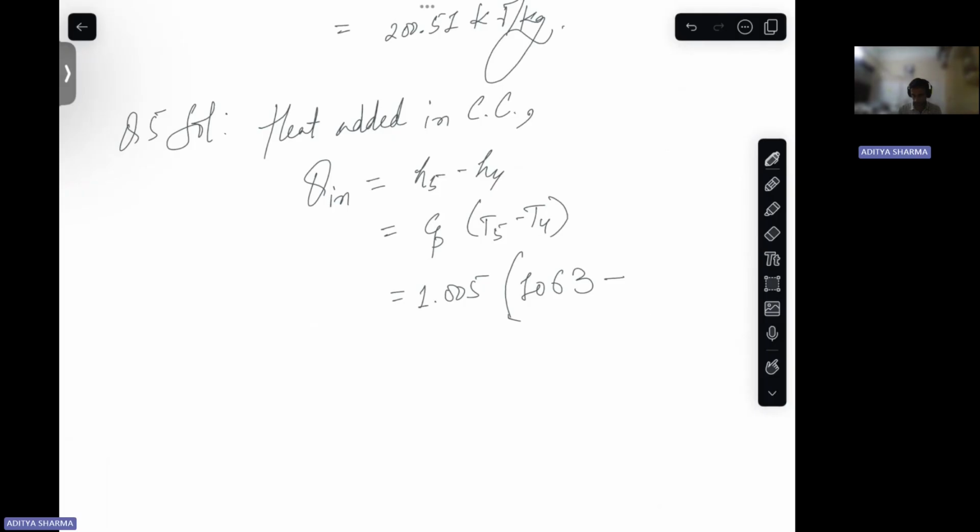So T4 is 400.76. So if you solve this now, this will be 665.55 kilojoule per kg.